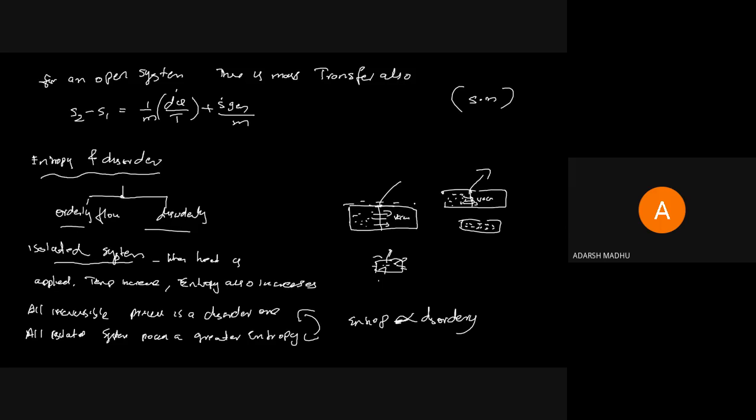Here, when disorder increases, entropy also increases. From here, we can derive a new definition for entropy. That is, the entropy of a system can also be defined as a measure of the degree of molecular disorder existing in the system.